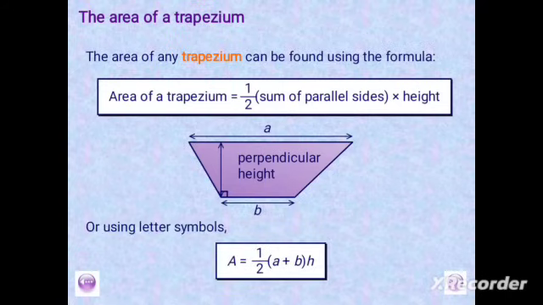And now the area of a trapezium can be given by a half into A plus B times H. This can be simply put as half H into A plus B as the area of a trapezium. That is the formula.